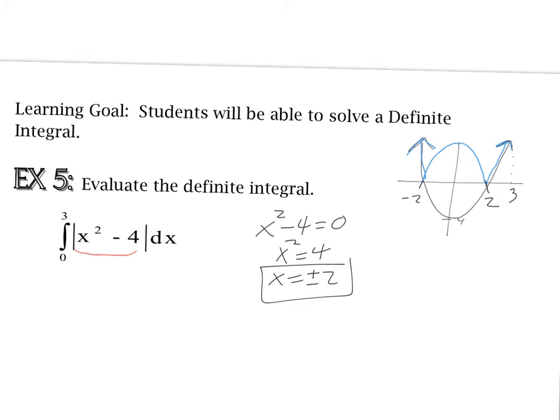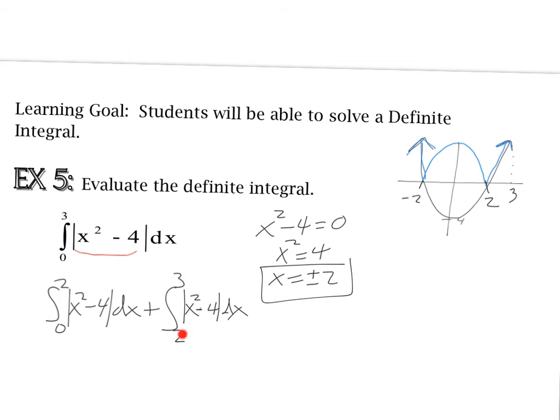So the easy thing to do here, since we're going from 0 to 3, is to break this into 2 integrals. So we can first start by saying, well, this is the same thing as the integral from 0 to 2 of the absolute value of x squared minus 4 dx plus the integral from 2 to 3 of the absolute value of x squared minus 4 dx. Okay.